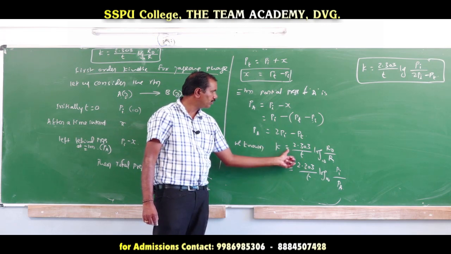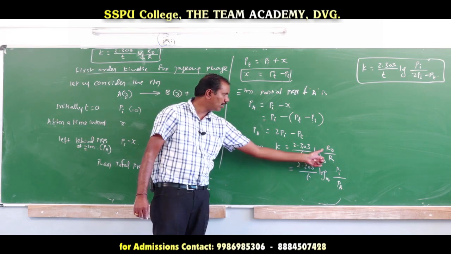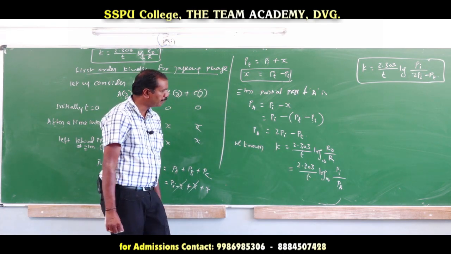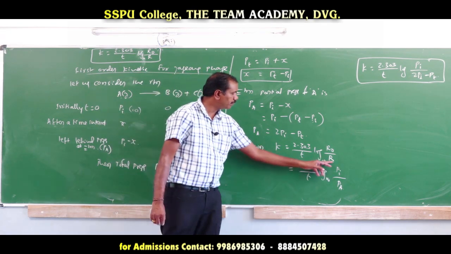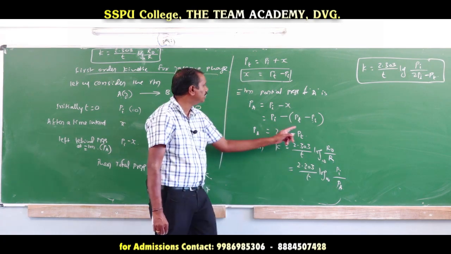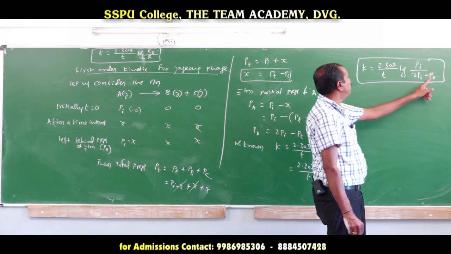K equals 2.303 by t log of Pi by Pa, where Pa is 2 Pi minus Pt.